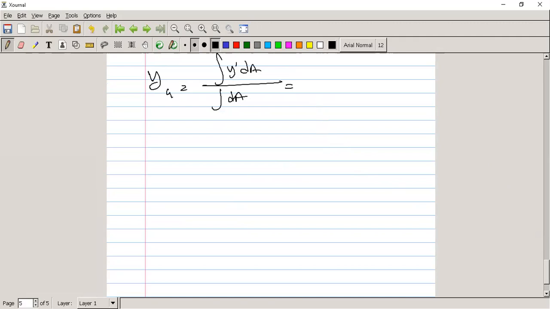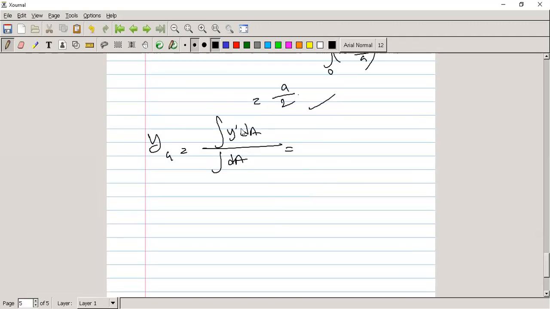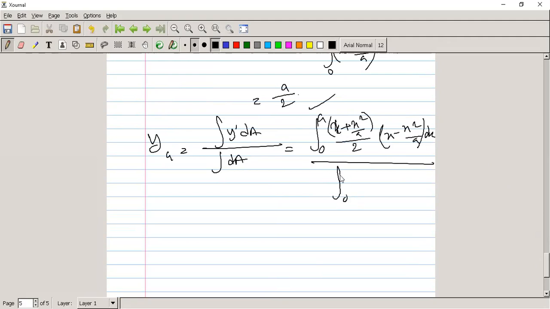So we have to put here that value, integration 0 to a, x plus x square by a by 2, and dA is x minus x square by a into dx, divided by integration of 0 to a x minus x square by a dx.